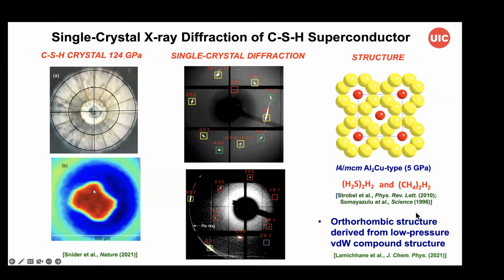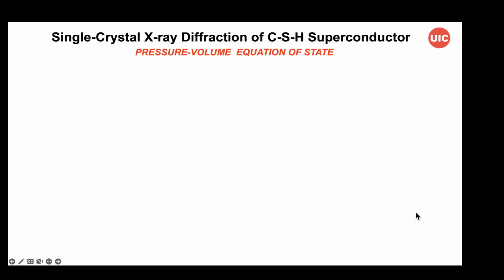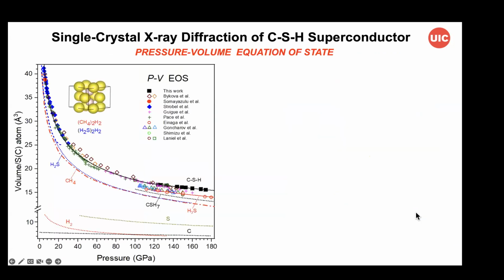So this provides a way of understanding how this mixing of carbon and sulfur can result in some kind of phase that has carbon, sulfur, and hydrogen at higher pressure. It goes into an orthorhombic structure, and in the equation of state measurements shown here, we see this continuity with the low pressure EOSs, and also the various PV curves for the components.